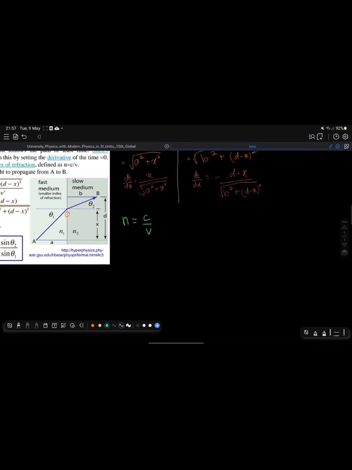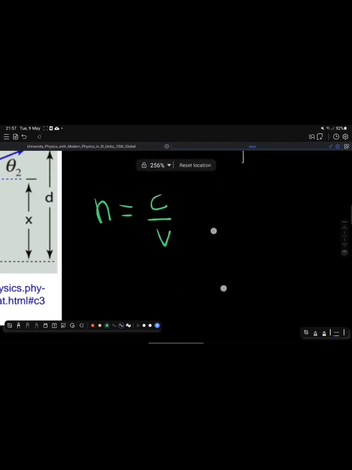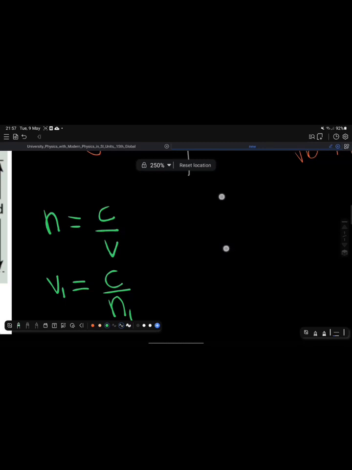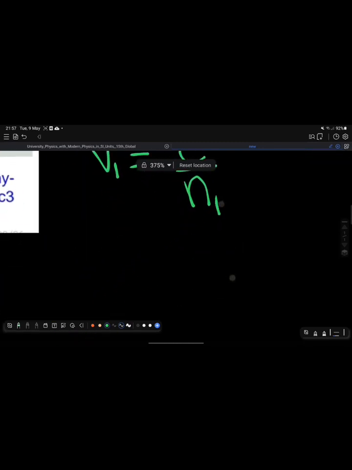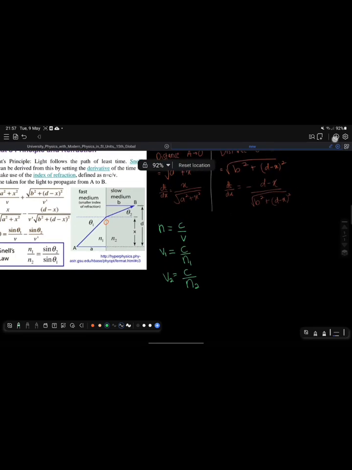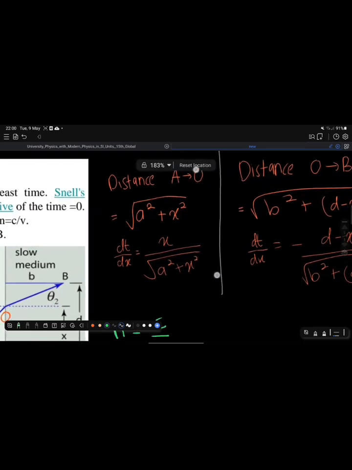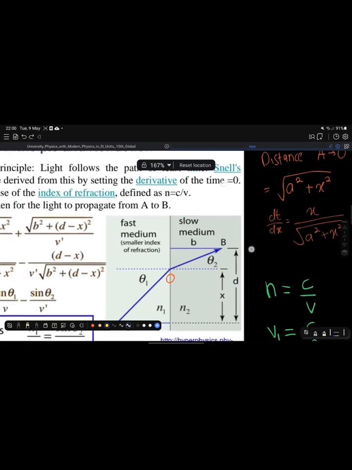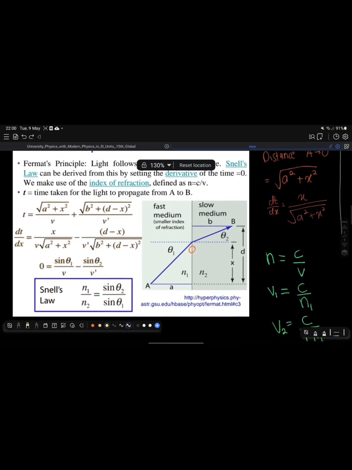So we will use the expression where v1 equals c over n1, and for the second medium, v2 equals c over n2. And when we derive the distance from A to O, it is actually sin theta 1.